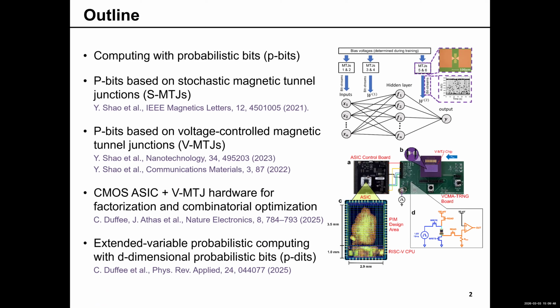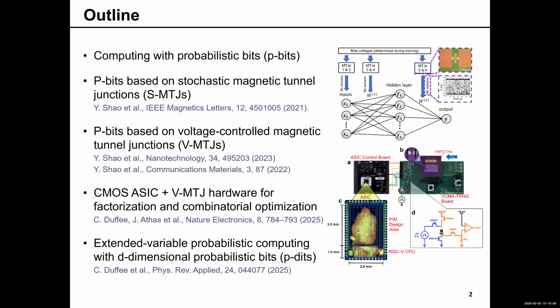The first one, which is fairly established by now, uses devices called stochastic magnetic tunnel junctions, which are designed to be unstable, to be very susceptible to thermal noise. And so they can act as sources of randomness to execute probabilistic algorithms.